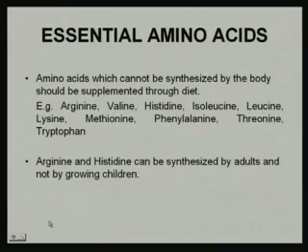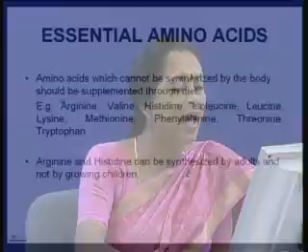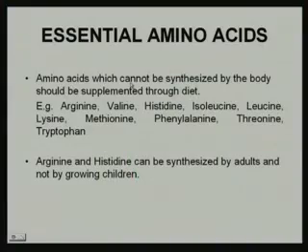Now what is an essential amino acid? These are the amino acids which cannot be synthesized by our body system. That means for the supplementation of these amino acids, we have to obtain them through diet. And what are those amino acids which cannot be synthesized by the body?